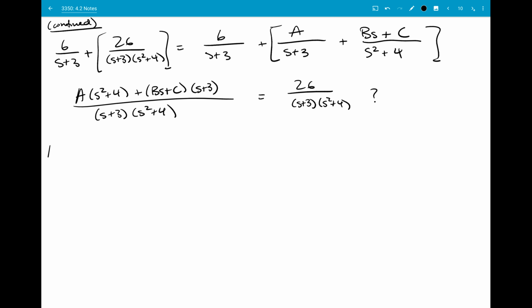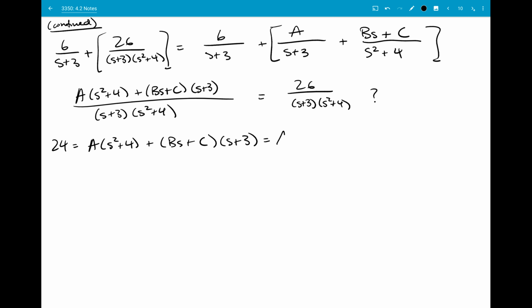So all that means is that 26 should be equal to A times s squared plus 4 plus Bs plus C times s plus 3. And we're going to go ahead and just start this algebra problem.